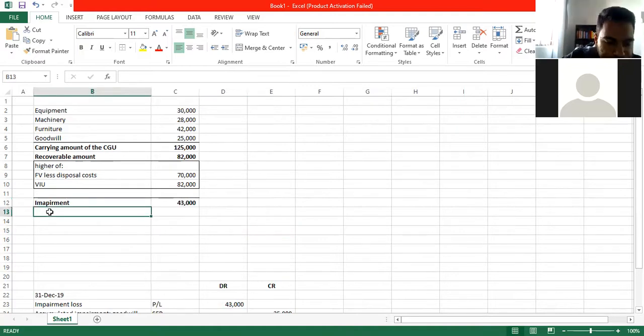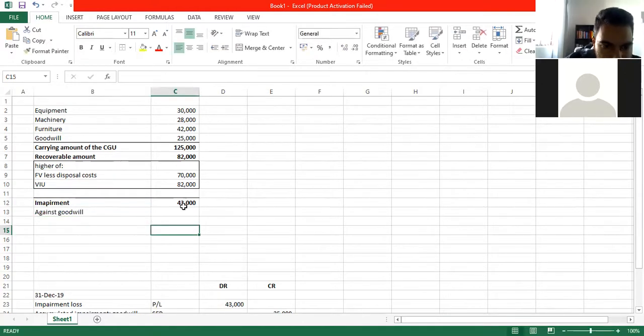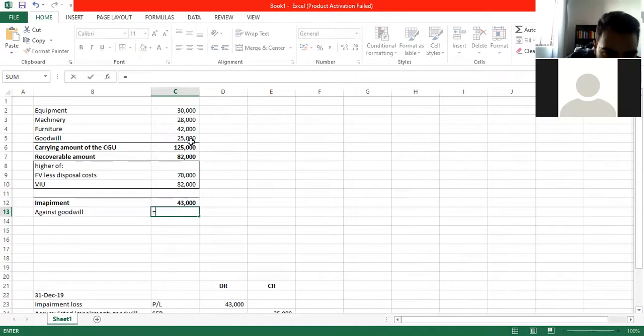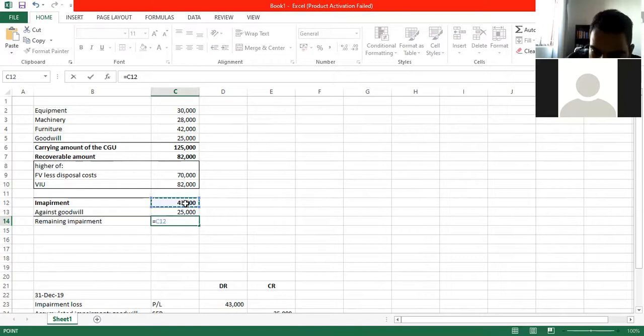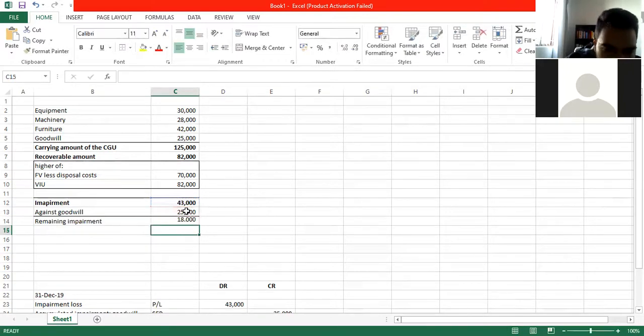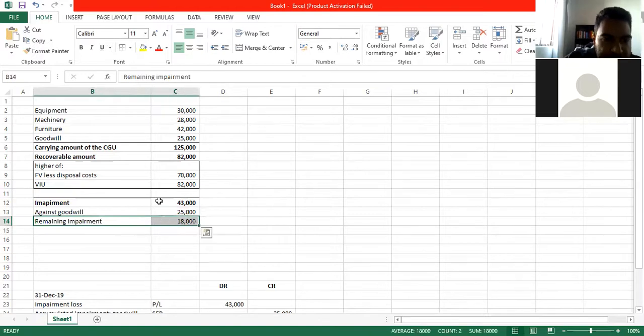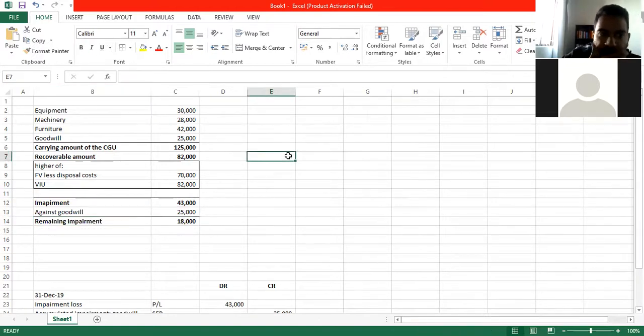Okay, so against goodwill. Okay, so remaining impairment. So that remaining impairment we will split now between these assets.